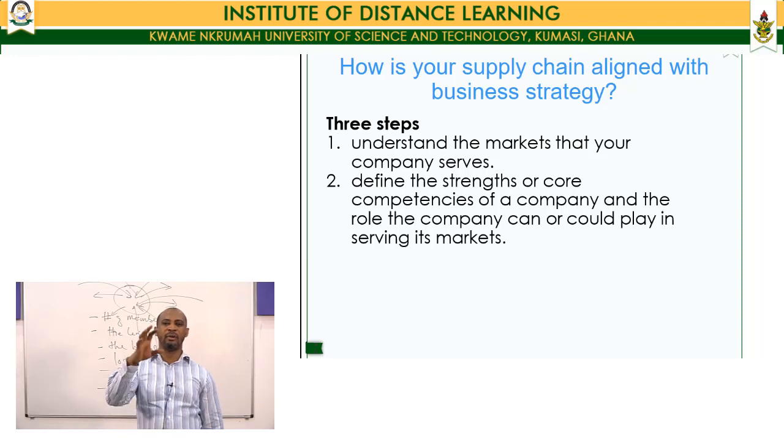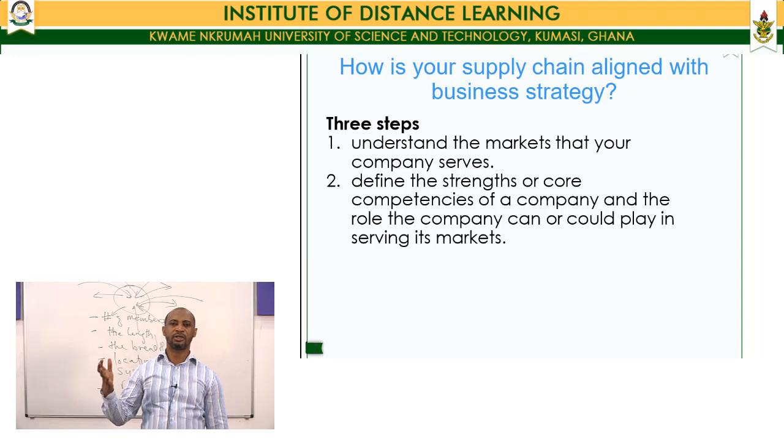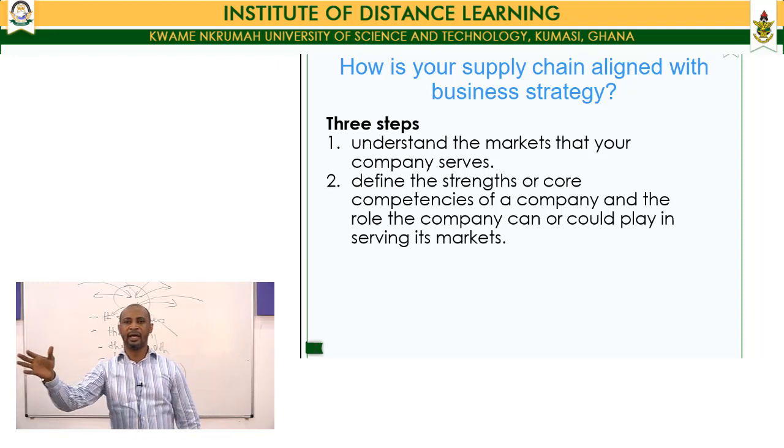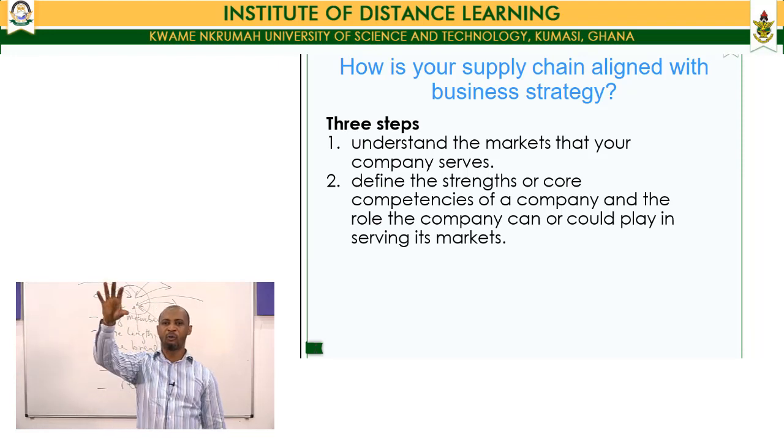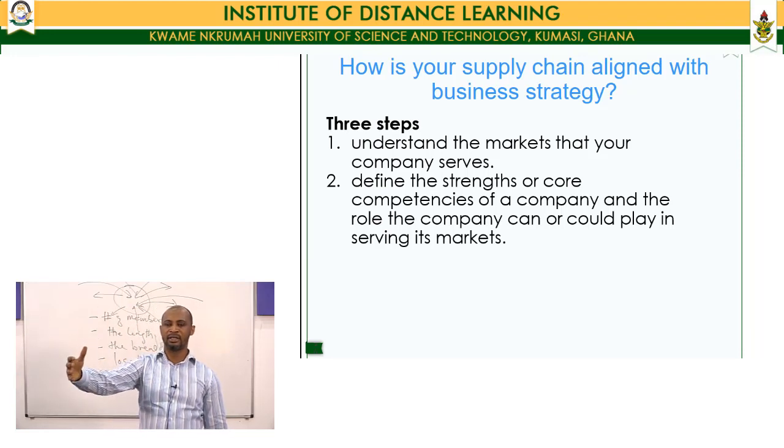Your customers or the market you serve is the construction industry, because it is the construction industry that uses cement. What is the nature of the construction industry? We have the formal and the informal. The formal are companies that win contracts, that have plans for purchasing cement.